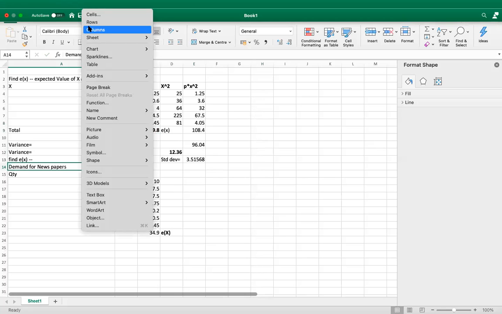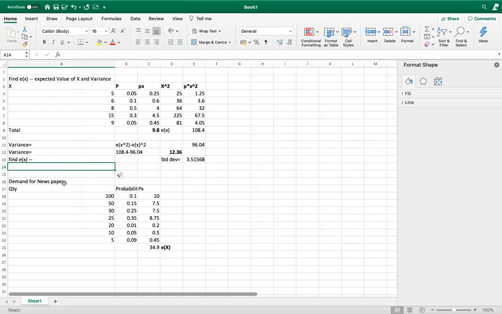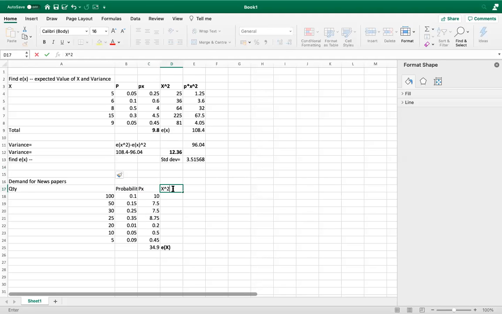एक मिनट, दो कॉलम और दो रो इंसर्ट करते हैं. So let me do the same thing here. X square, right? This is going to be P of X and then X power 2, P into X power 2. ठीक है?